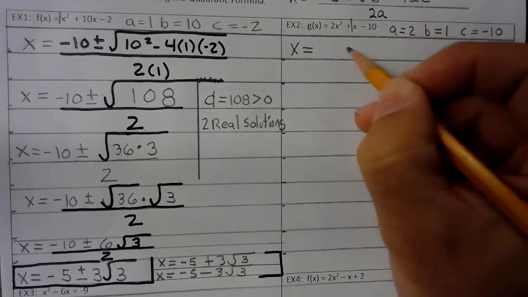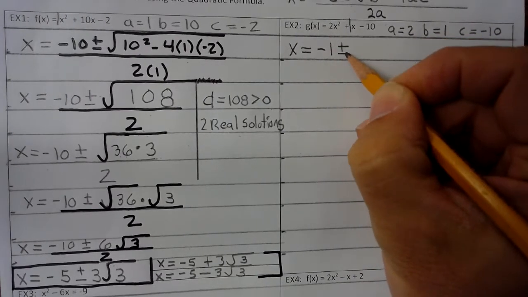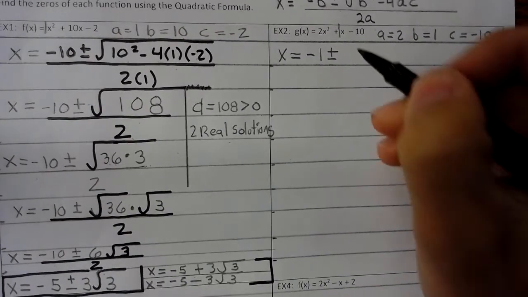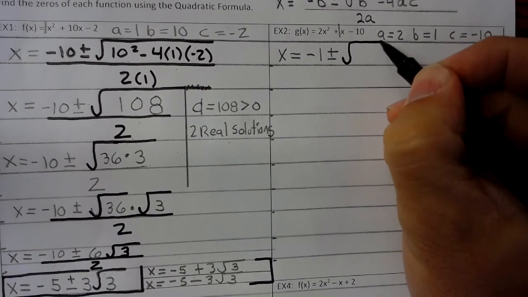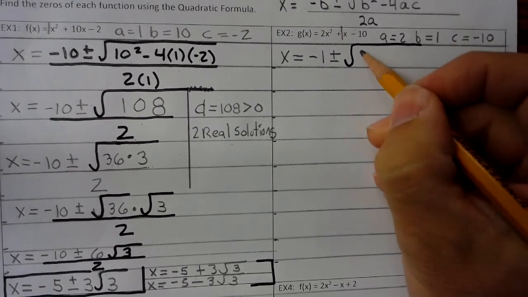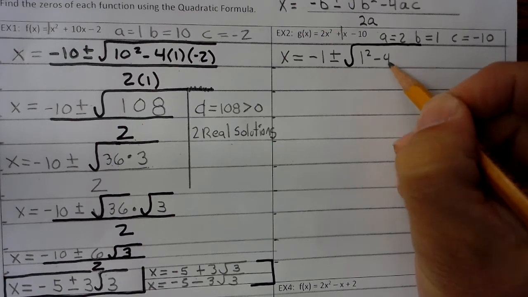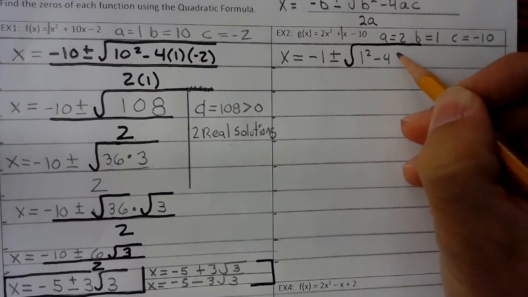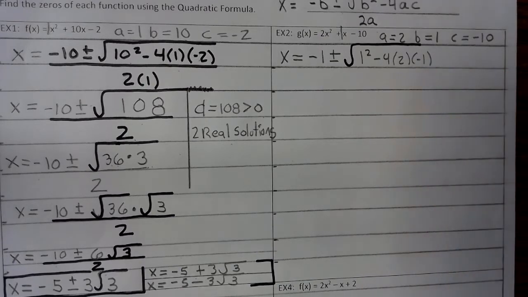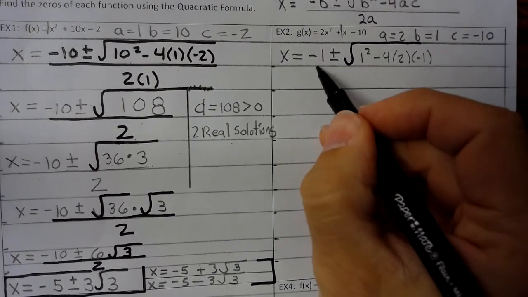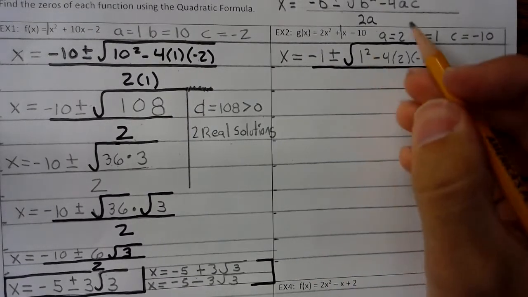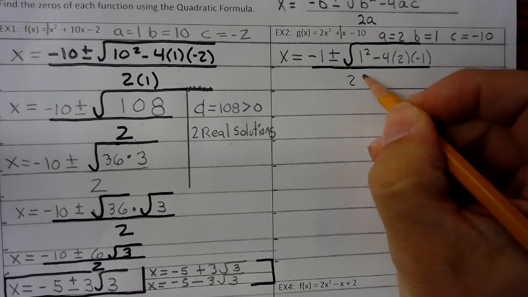So x equals negative 1 plus or minus the square root of b, so that's 1 squared minus 4 times 2 times negative 1, divided by 2 times 2.